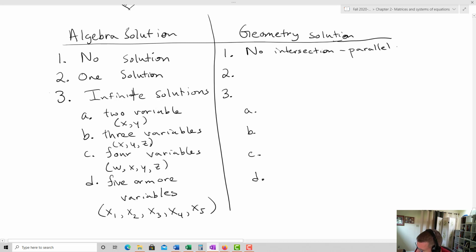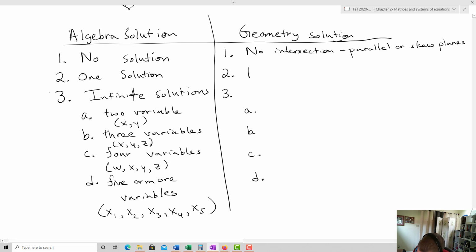Skew planes are planes that do not touch, but they are also not necessarily parallel. If you have more than 3 dimensions, you can have skew planes, or skew volumes actually, that never meet but also don't technically have the same slope. So essentially what we have here is no intersection.